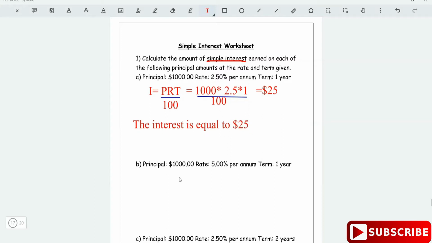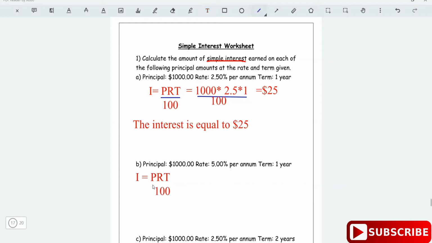Now let's do the second one. Principal is 1,000. The rate is 5% per annum for 1 year. So again, the interest is equal to the principal times the rate times the time, all divided by 100.